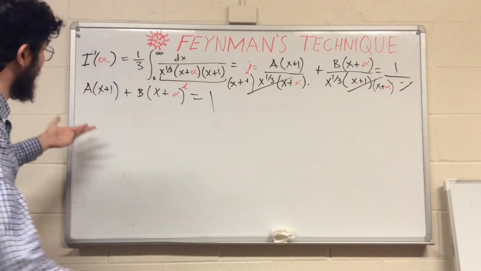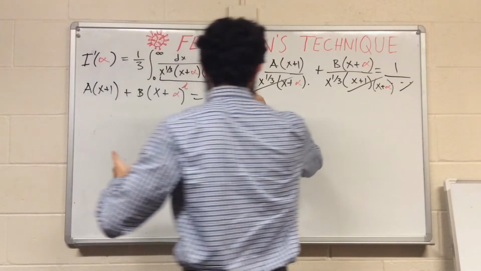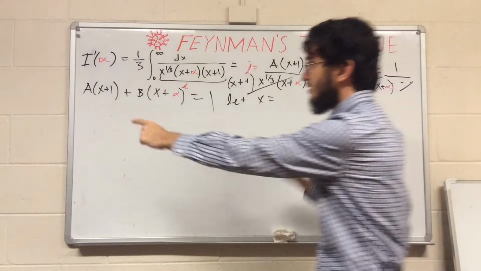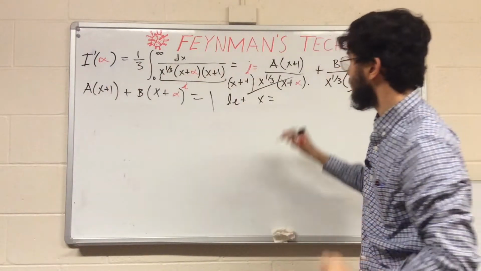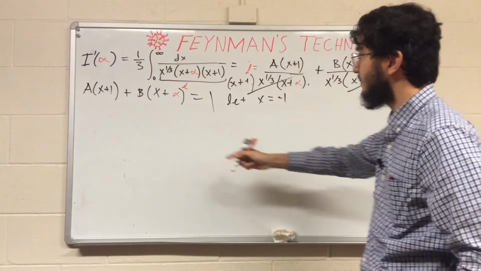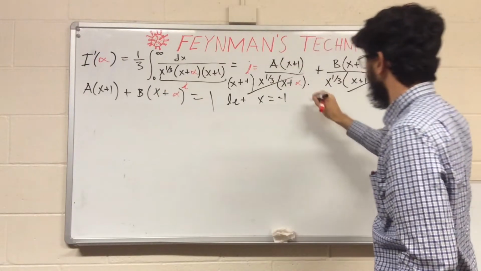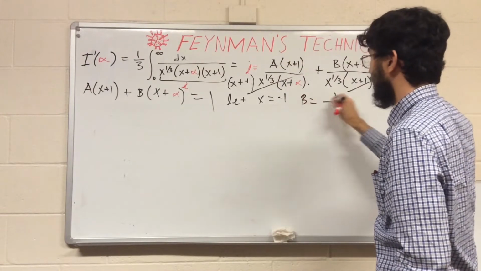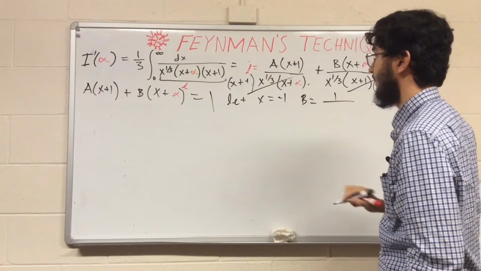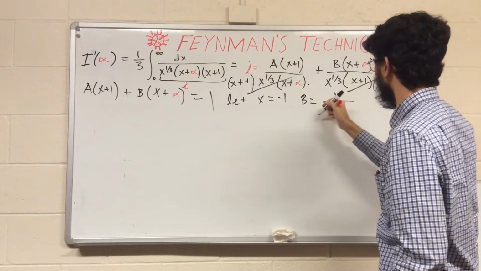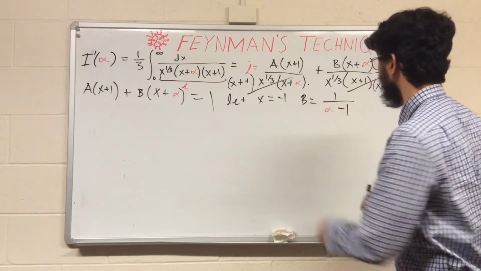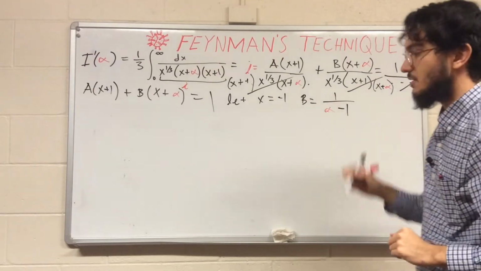So in that case, we can let x, for our convenience, equal to -1, so that this term goes to 0. In that case, we know that if x is -1, then b must be equal to 1 over alpha minus 1, okay? So that's b.